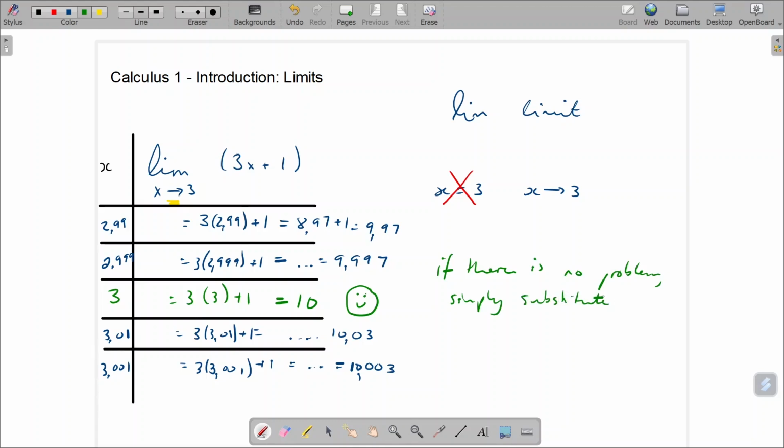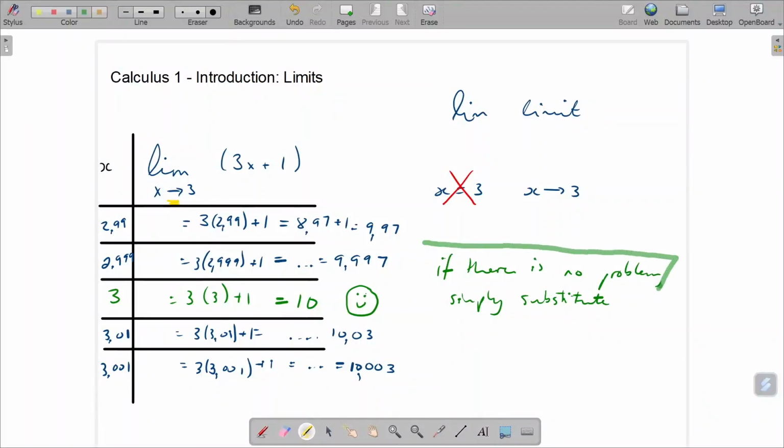I haven't yet defined very well what I mean by a problem, and we'll look at that now. But as a general rule, with a limit, if there is no problem, all we need to do is treat it as normal and simply move ahead by substitution.